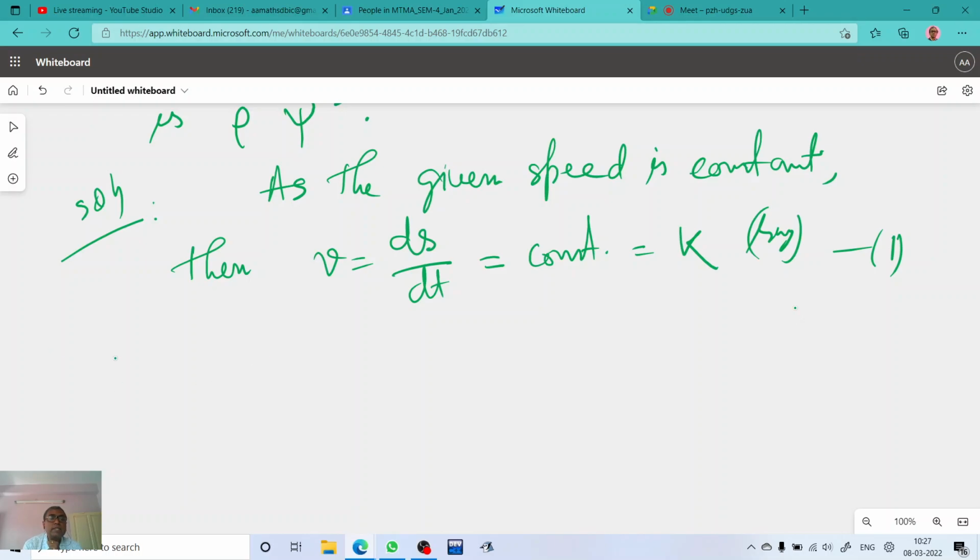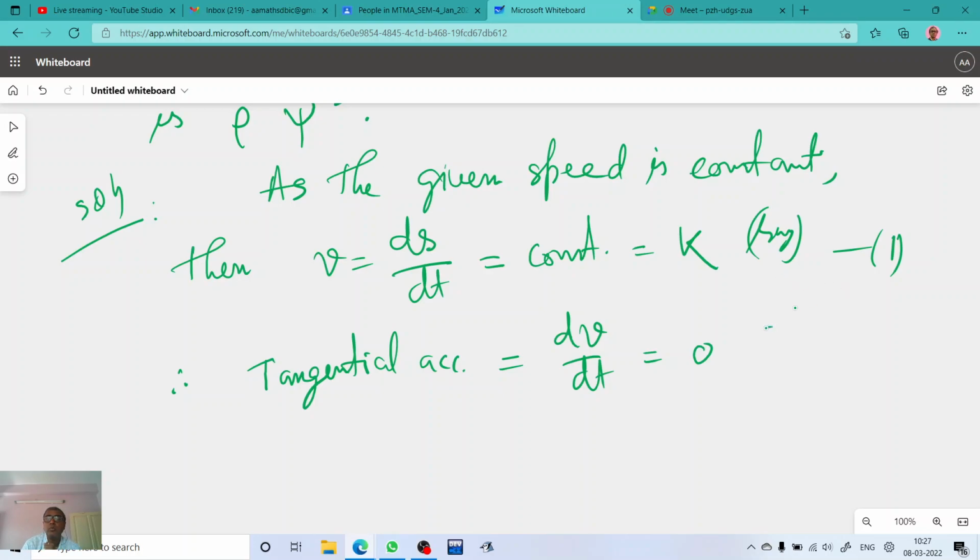Now the tangential acceleration component equals dv/dt. Differentiating equation 1 with respect to t, dv/dt equals 0. So the tangential acceleration equals 0.